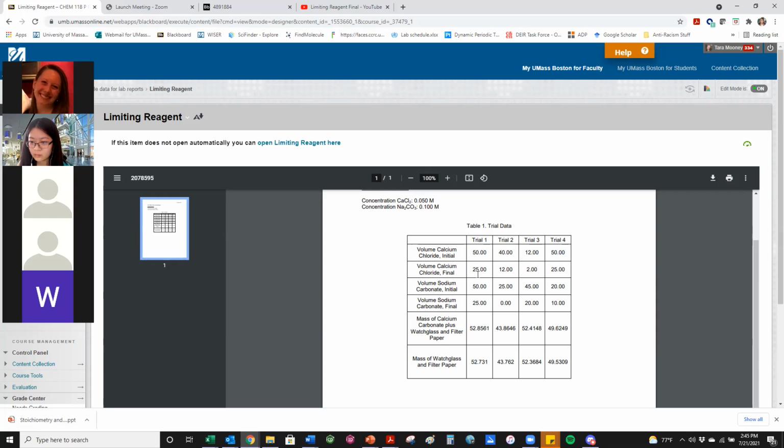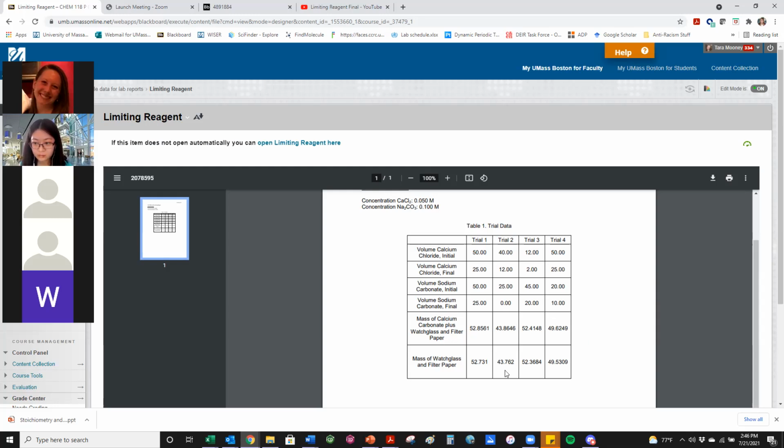So in this case, it would be the initial reading minus the final. Okay, because you can't have a negative volume, okay? So initial minus final. So you have the initial and final readings for calcium chloride and then sodium carbonate.